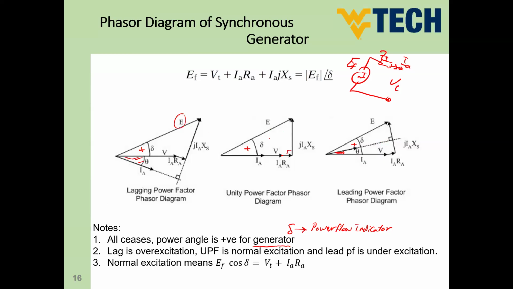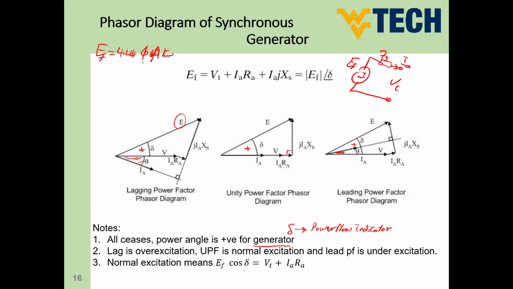In unity power factor, you can say it's in the middle between the two cases. And in the leading power factor, it's the smallest value. From that, since the induced volt is, as you remember, when we say induced volt, which is EF, we mentioned that EF is 4.44 times flux times N, times winding factor, and so on, times speed or frequency.